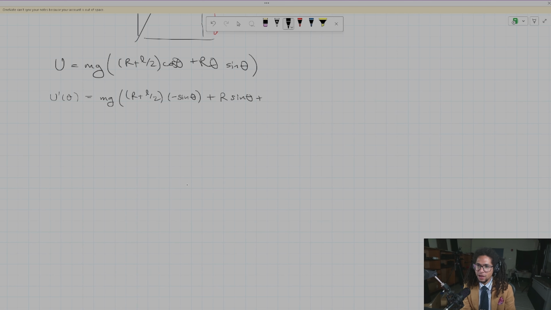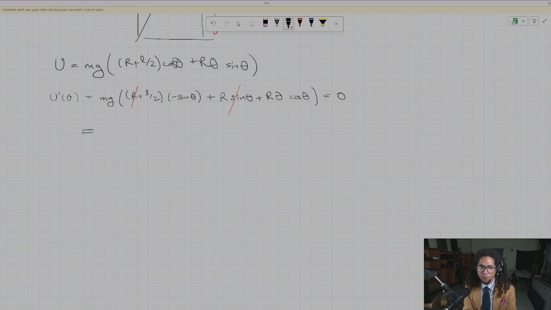Then we'll have an r theta cos theta, taking a derivative of this sine of theta. Something kind of interesting happens here. Notice that this gives us a minus r sine theta, which cancels with that plus r sine theta there. If we want to solve for equilibrium points, then we want to set this equal to 0.